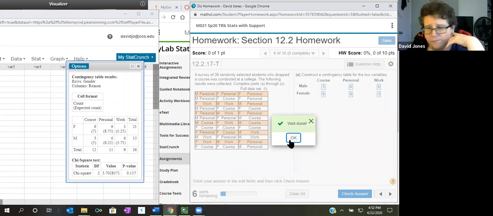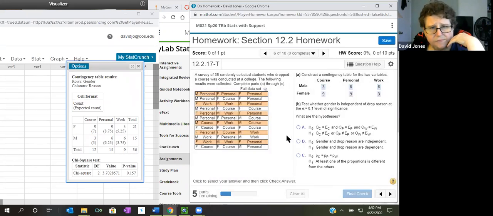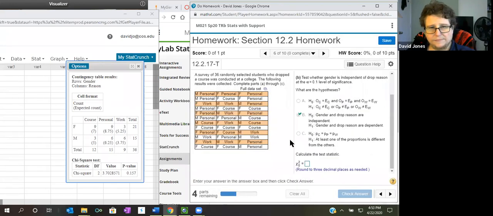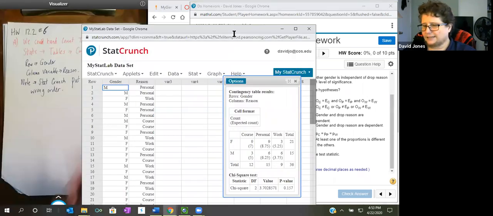Okay. What's the hypothesis? For this chi-square test for independence, H0 always says the columns and rows are independent, and the columns and rows are dependent for HA. Chi-square was given here, so I'll write it over here.